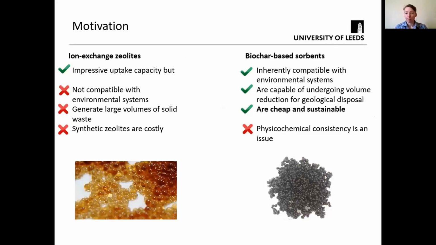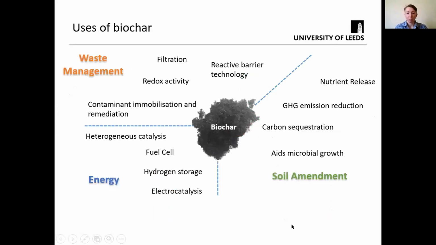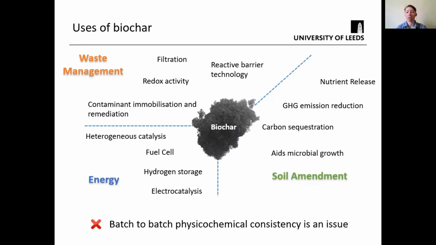So, as you know, there are a whole host of uses of biochar, and this is multiplying all the time, really. One of the emerging issues as the uses of biochar become ever more high-tech is this issue of batch-to-batch consistency. So things like mineral phase composition and differences in porosity due to feedstock, growing conditions, and so on.